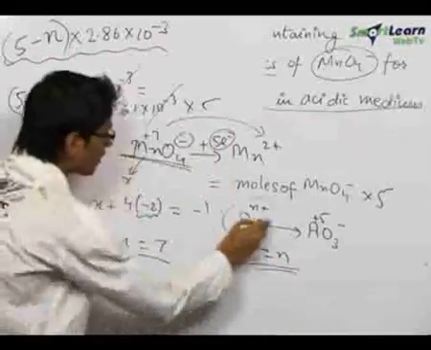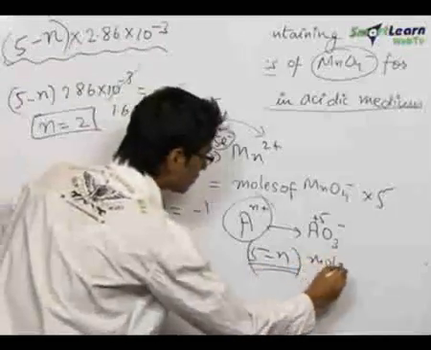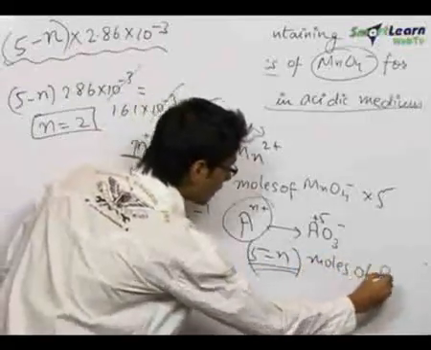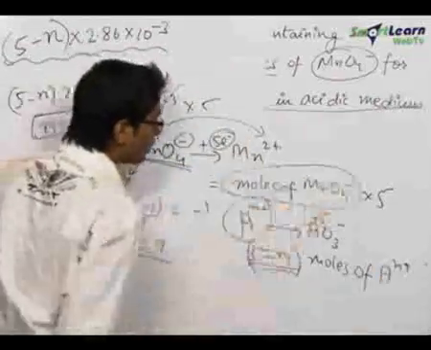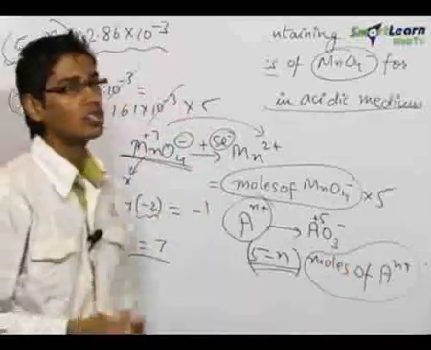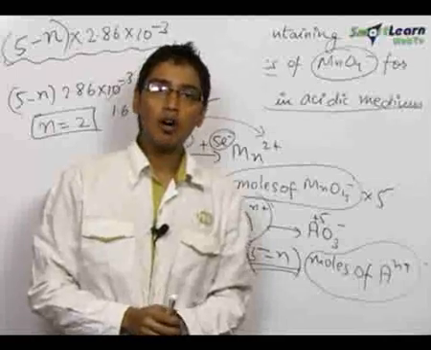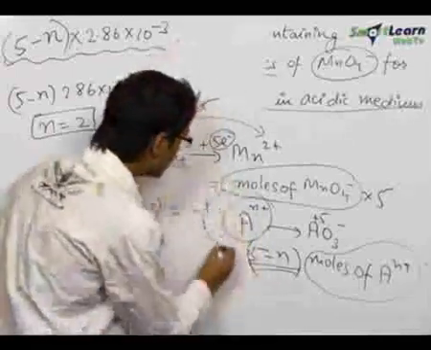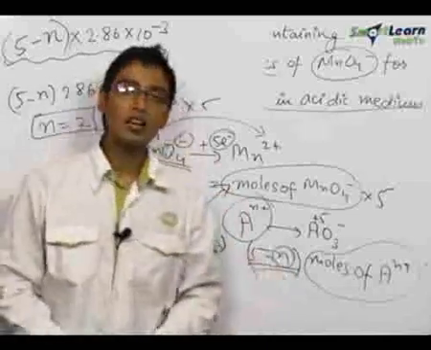Hence the number of equivalents of A^n+ was (5 minus n) into the moles of A^n+. Now in the question we are provided with the moles of MnO4^- and the moles of A^n+, and we know that during any redox reaction the number of equivalents of the oxidizing agent is equal to the number of equivalents of the reducing agent. Hence on equating these two we get the final value of n as 2, which is our final answer.